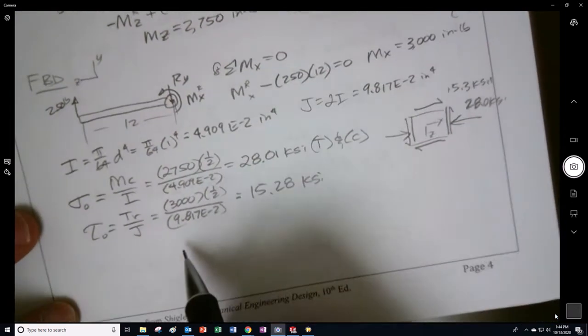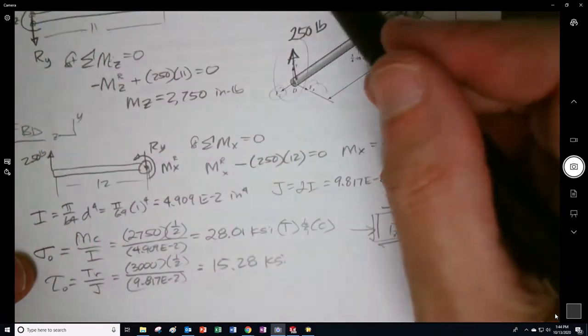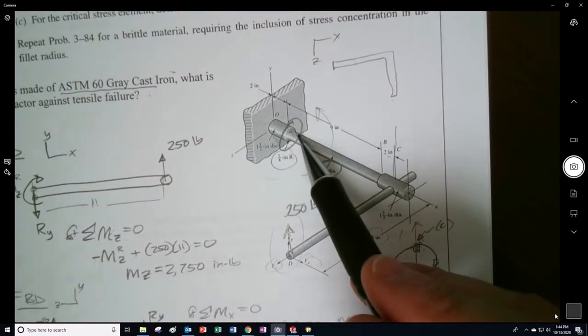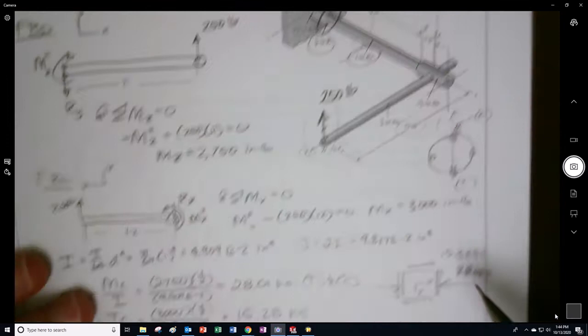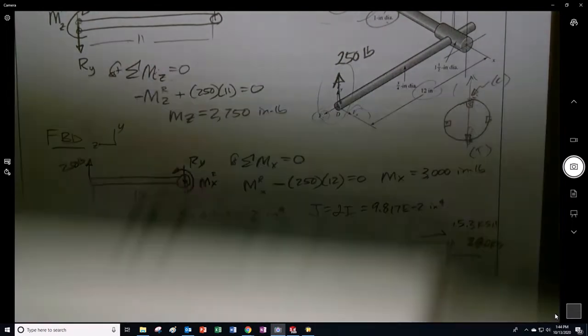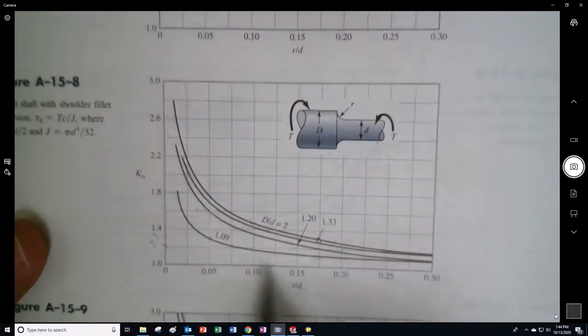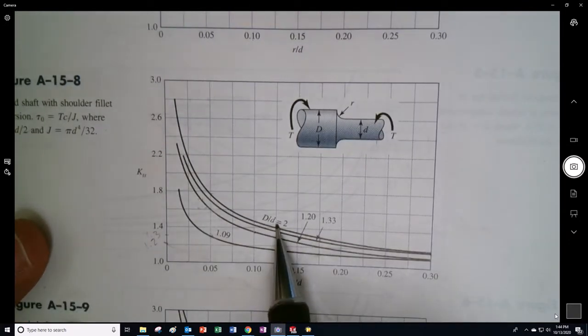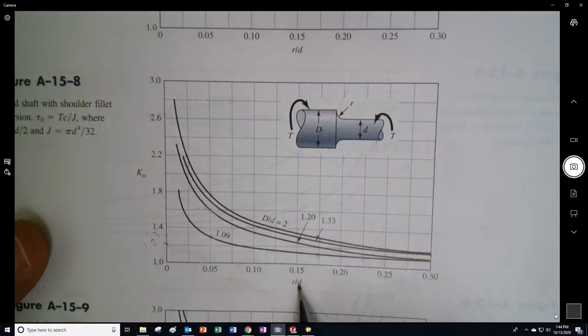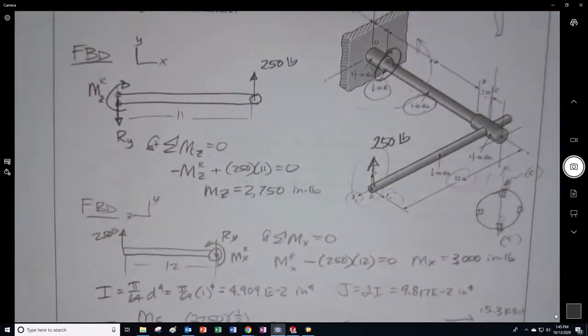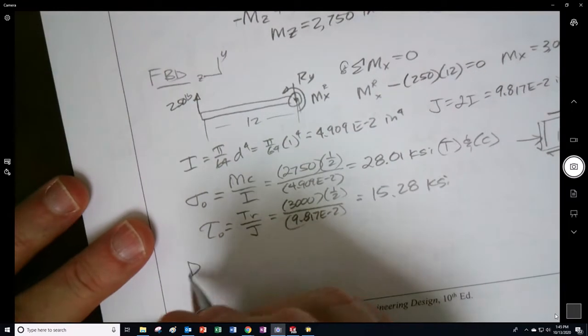All right. Now we need to look up and find out what the stress concentrations are going to be at this spot right here. We need the different diameters, the ratio of the diameters, and the radius divided by the diameter. So let's look at big D over little d.